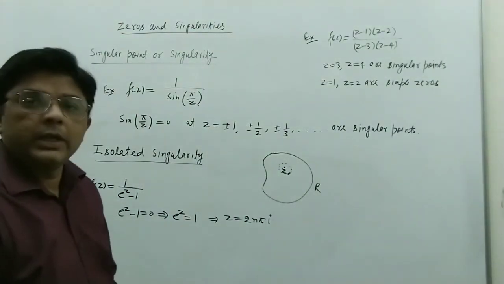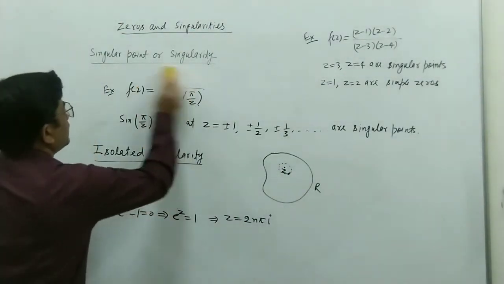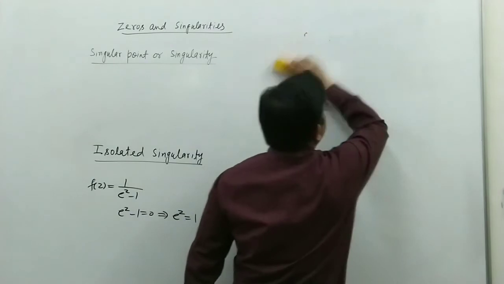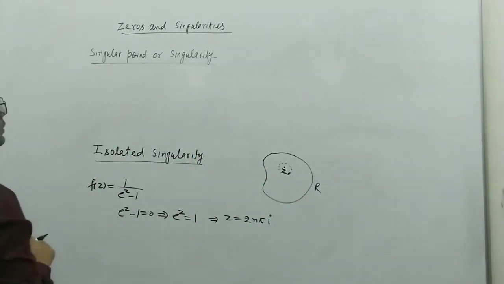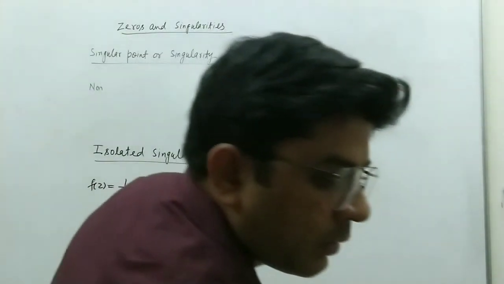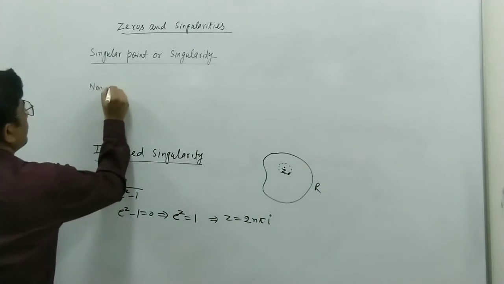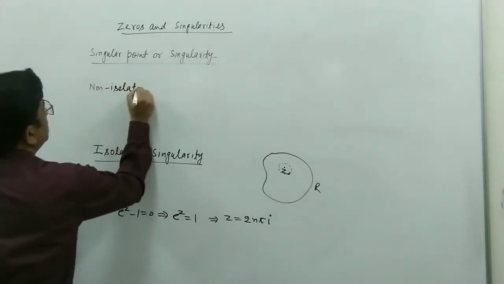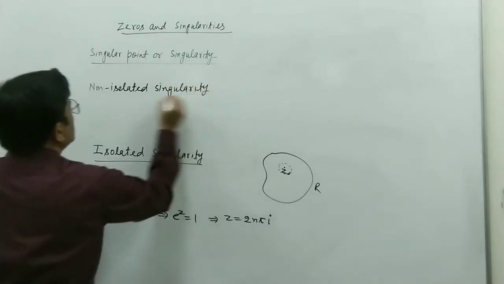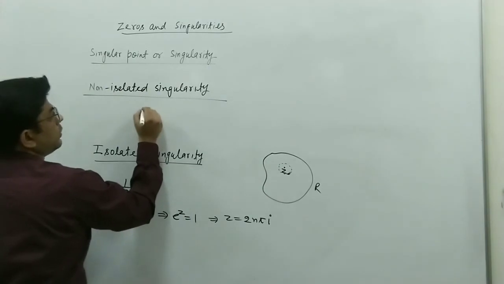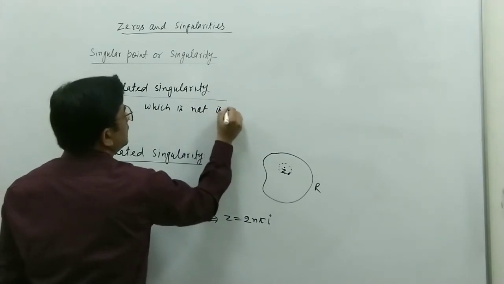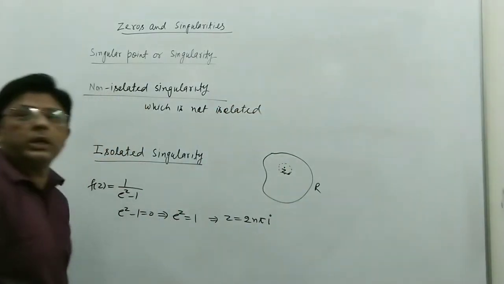And similarly, we can see non-isolated. Okay, so non-isolated singularity: we can say that a singularity which is not isolated is called a non-isolated singularity.